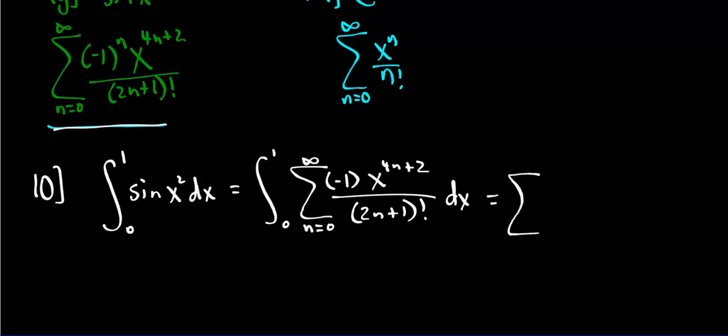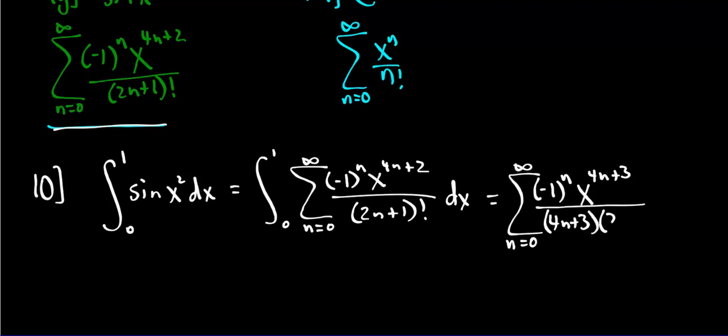So here we go. We've got n equals 0 to infinity, negative 1 to the n, x to the 4n plus 3. So add 1 and divide by it, going from 0 to 1. So there's the antiderivative.